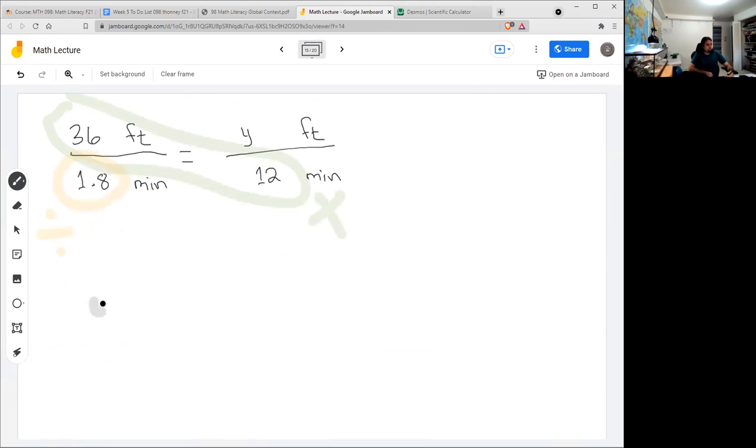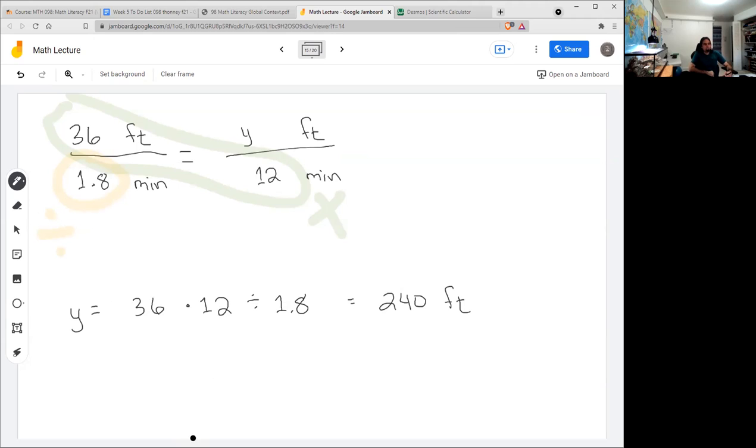And then you can just say y is 36 times 12 divided by 1.8. If you've never seen this shortcut before, don't worry about it.